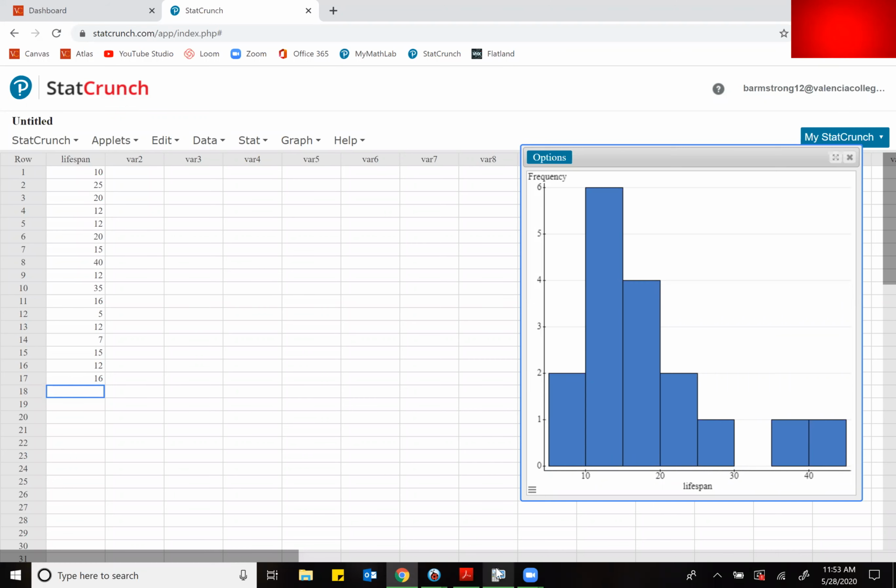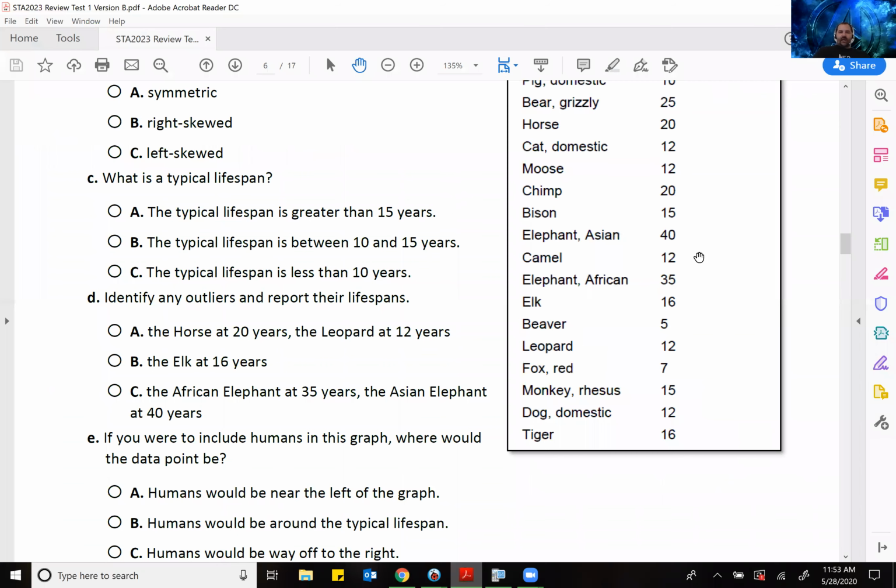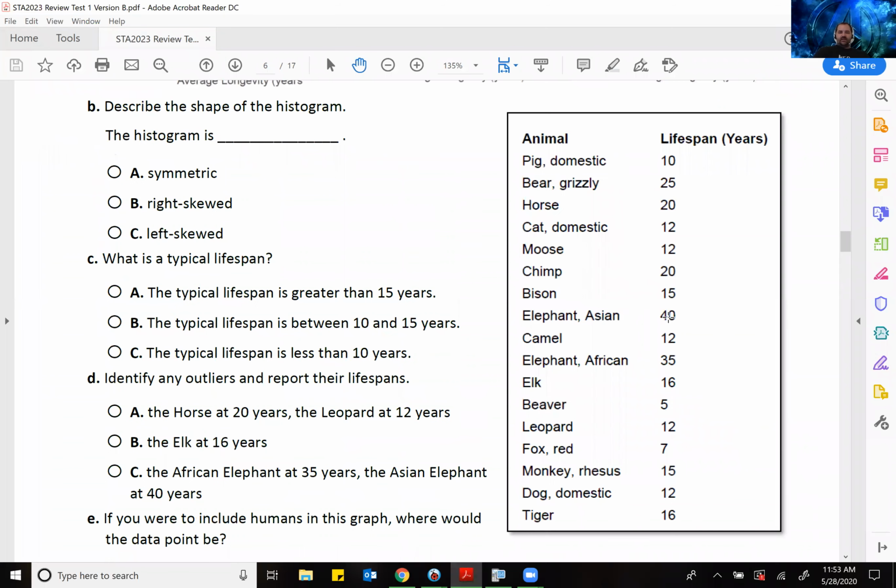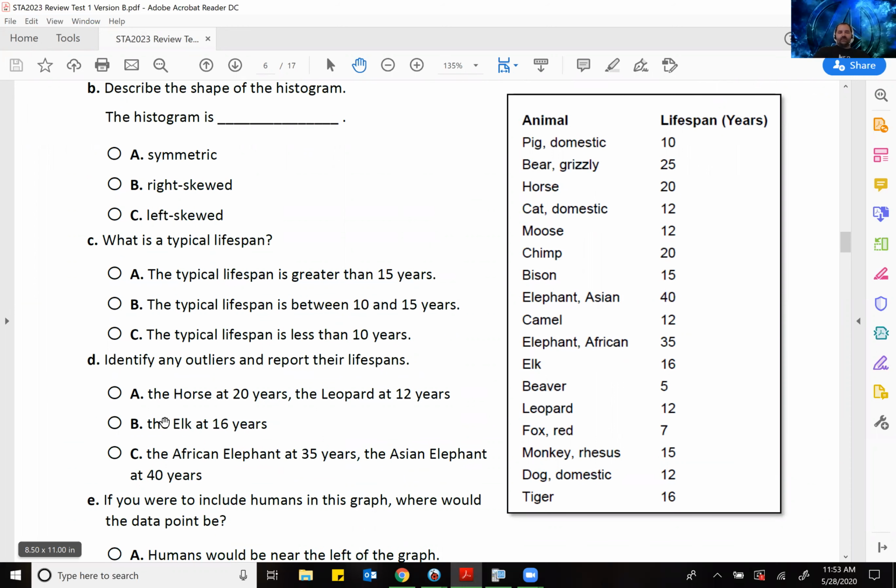Yeah. The ones from like 35 all the way up to 45. So let's go back to our chart. Who is in that range? The 40, which is the elephant. Both elephants, right? So we would select A, B, C. Which one is it? C. Because they're both the elephants, the African and the Asian.